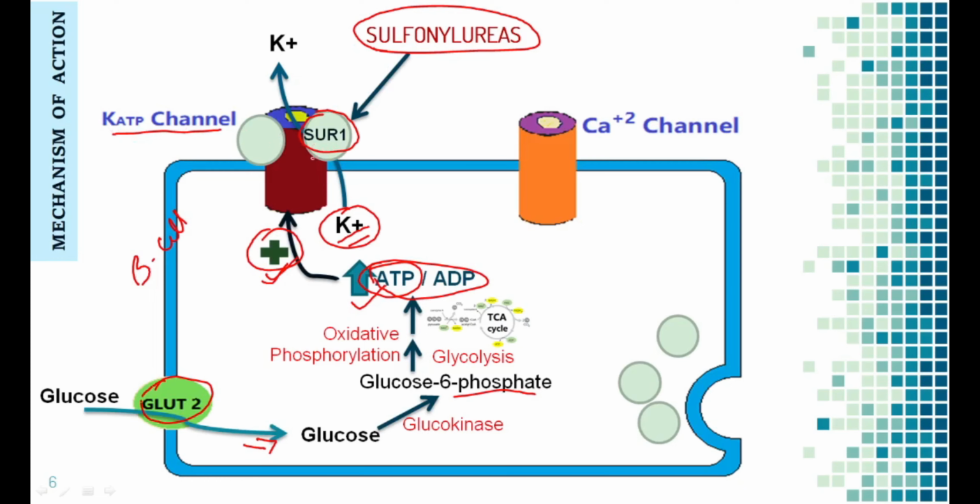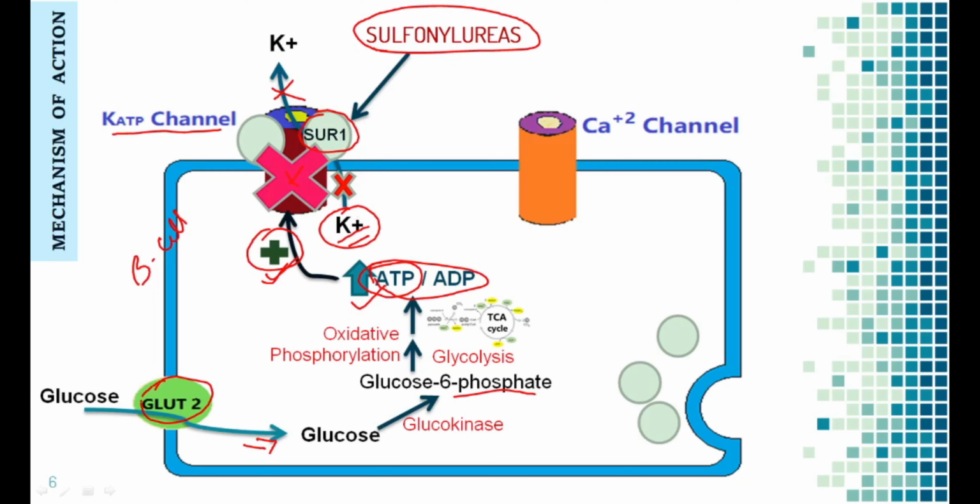After binding, it will block this channel. As the channel is blocked after the binding of the sulfonylureas, potassium cannot go outside, so potassium movement towards the outside is blocked.